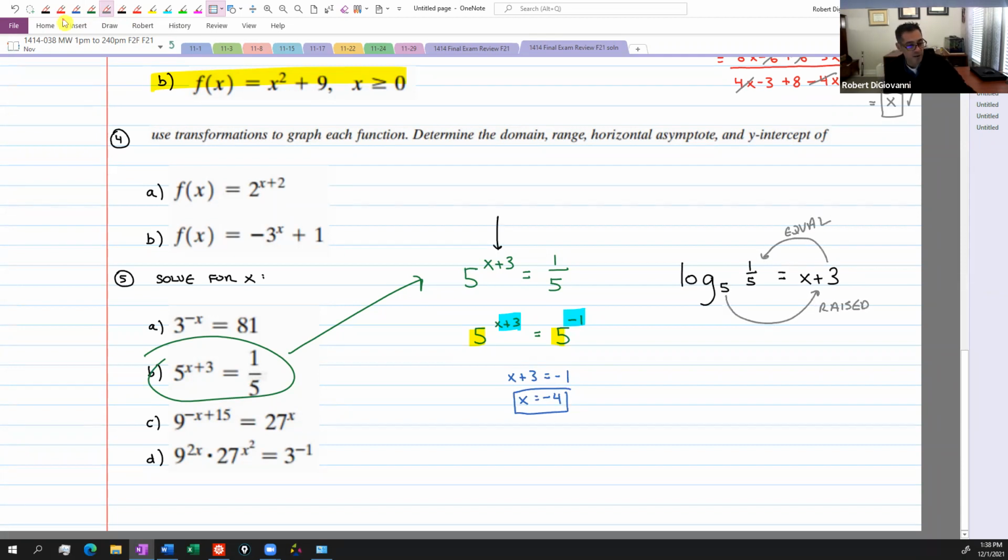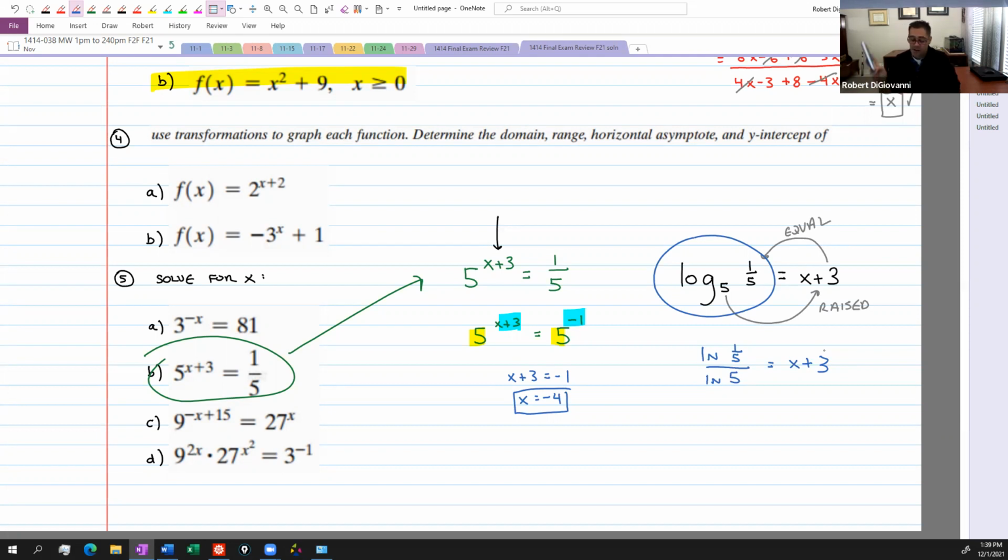And then what you do is on the left-hand side, you use your change of base formula, and you convert that to natural log of 1/5 over natural log of 5 equals x plus 3. And then you use your calculator. So natural log of 1/5 on my calculator, then divide that by natural log of 5.